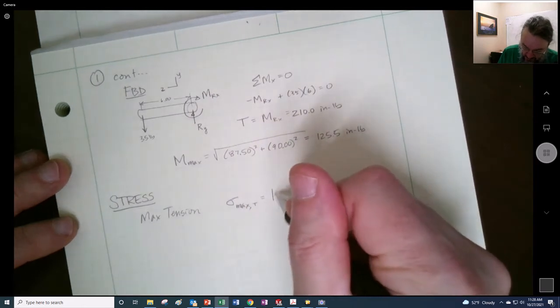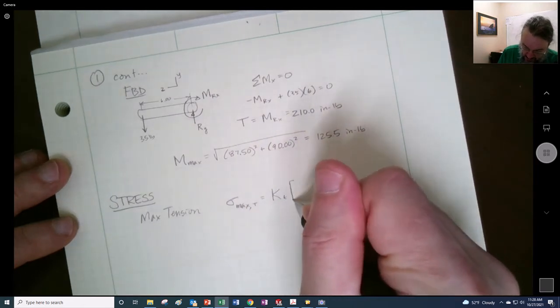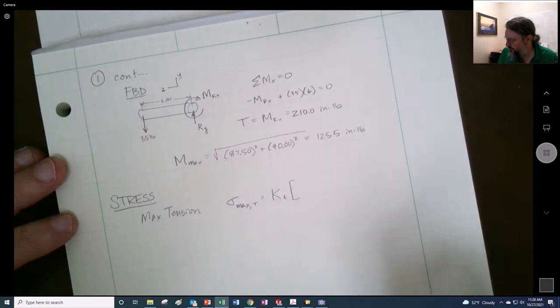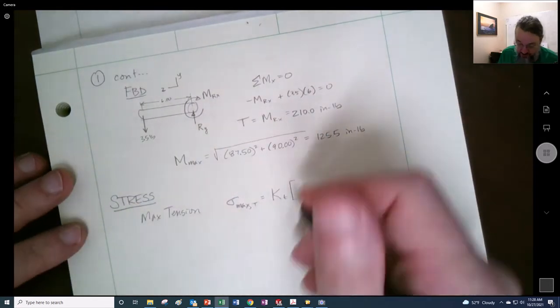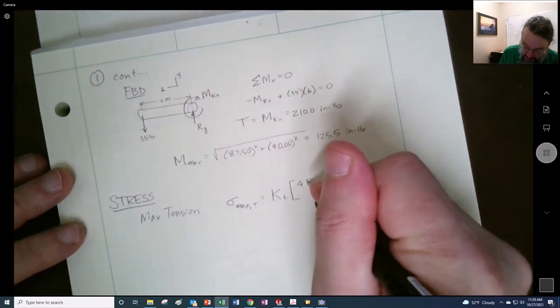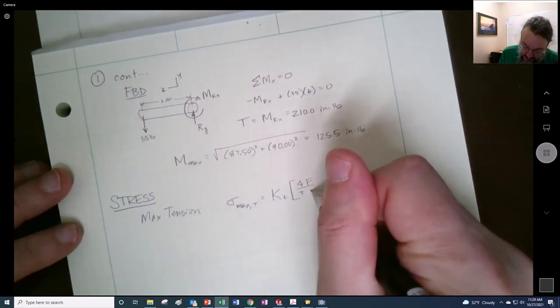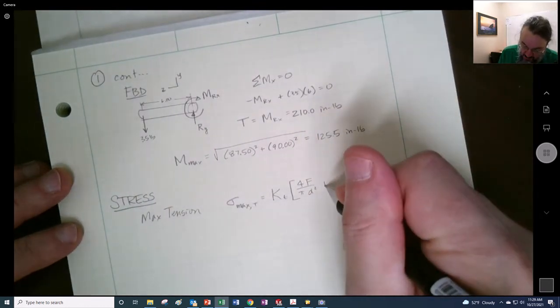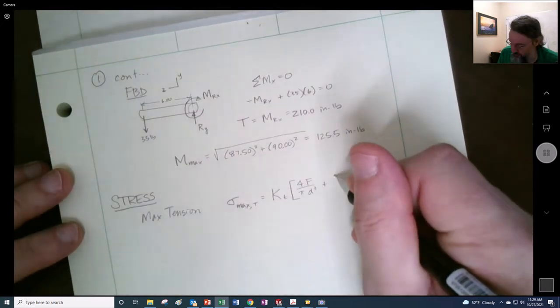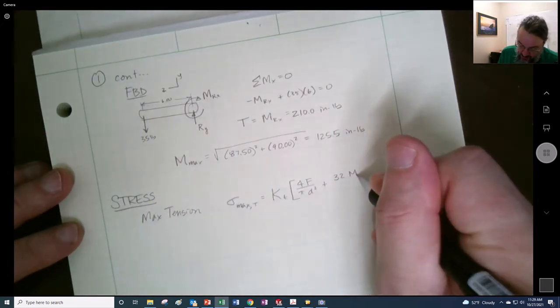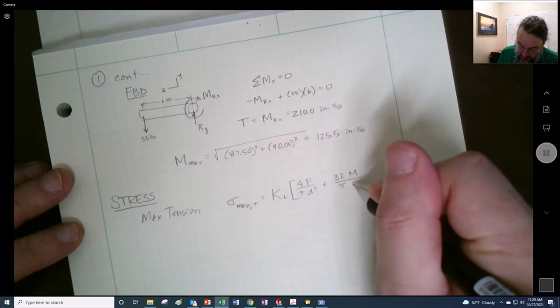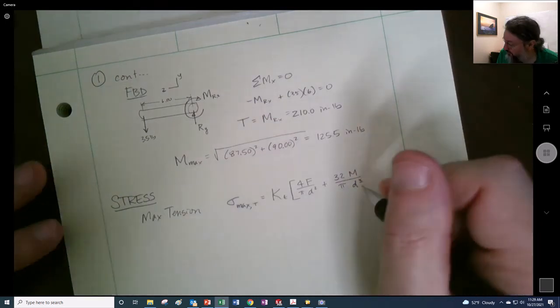Sigma max is going to be KT times, let me look at the equation again because my short attention span, 4F divided by pi d squared. I could just have remembered that. And we're going to add in 32M divided by pi d cubed. I get that right? Yeah.